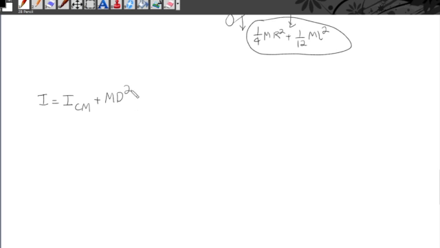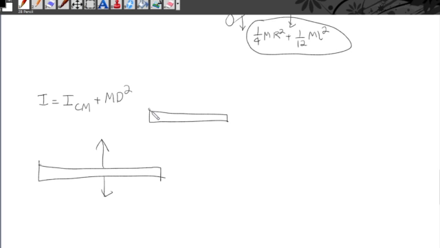It's useful in deriving the moment of inertia for axes of rotation that you're not familiar with. So back to the rod example, let's say we're going through the center, and we don't know what the moment of inertia is, but we know that the moment of inertia through one of the ends is, as I said earlier, 1/3 ml squared.